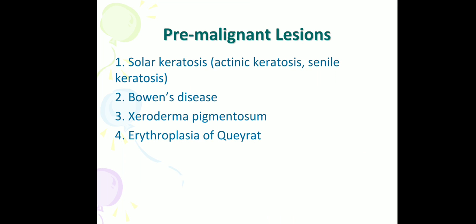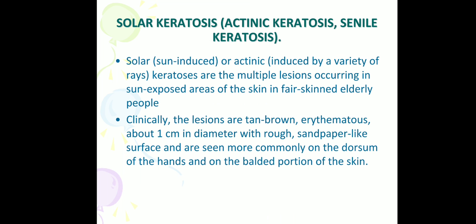Pre-malignant lesions of the skin are solar keratosis, that is actinic keratosis or senile keratosis, Bowen's disease, xeroderma pigmentosa, and erythroplasia of Queyrat. Coming to solar keratosis or actinic keratosis or senile keratosis, induced by the variety of rays, actinic keratosis are multiple lesions occurring in the sun-exposed area of the skin in fair-skinned elderly people.